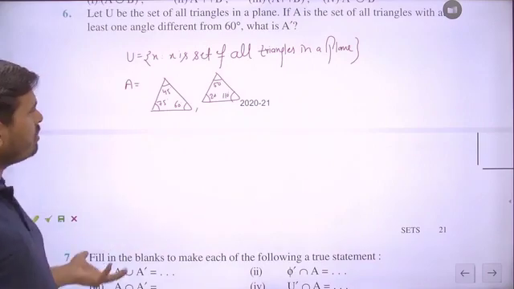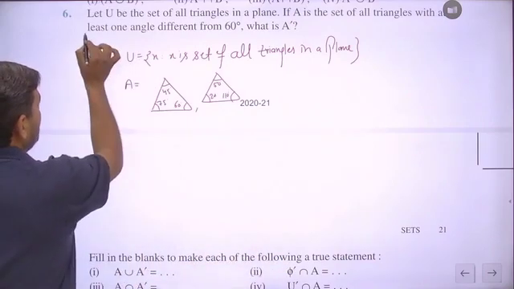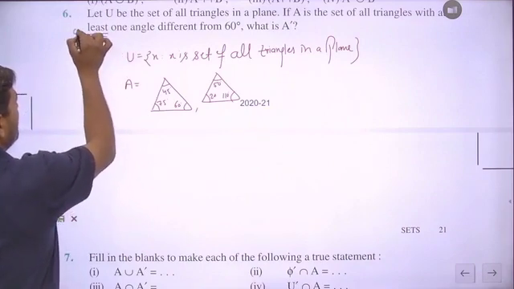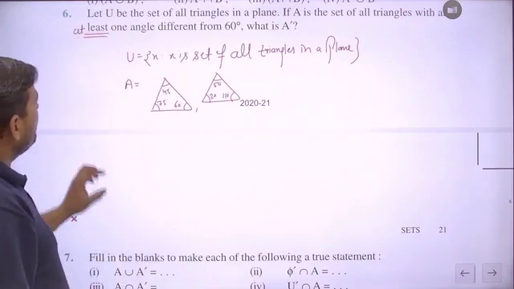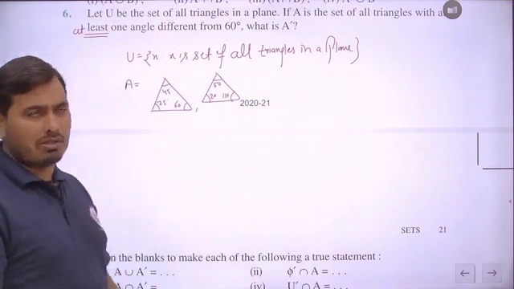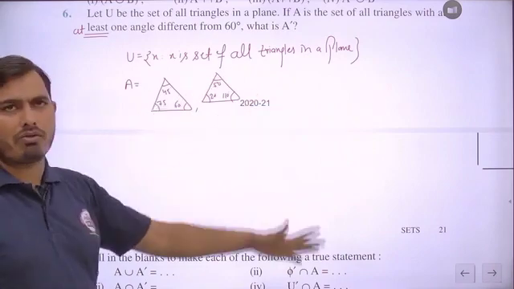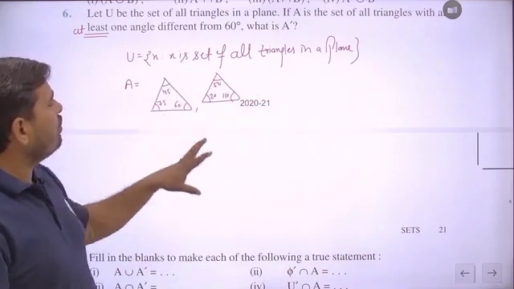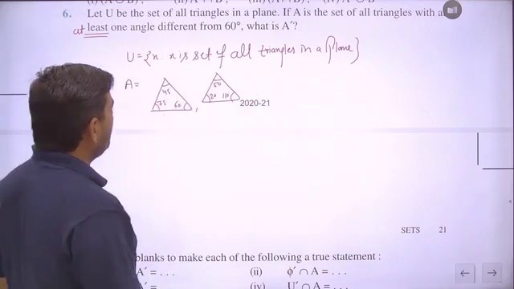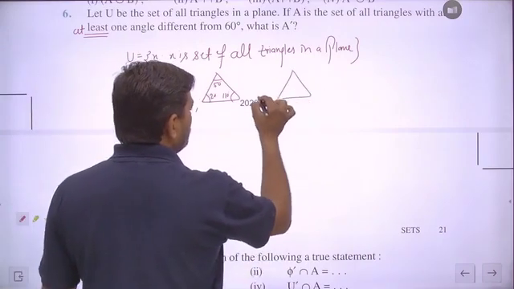All the angles can be different from 60 degrees, because the word given is "at least". This means a minimum of one angle will not equal 60 degrees, maximum 2 will not equal 60 degrees and maximum 3 will not equal 60 degrees. And you can make this type of triangle also.